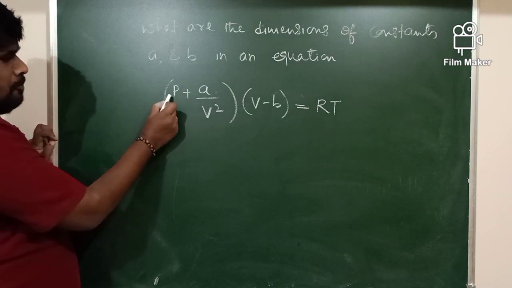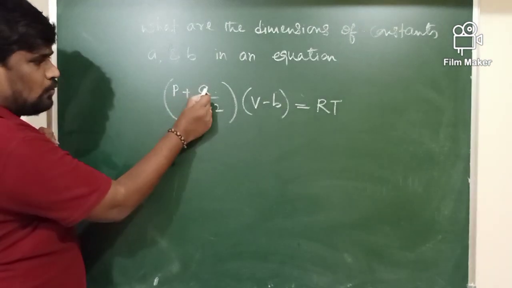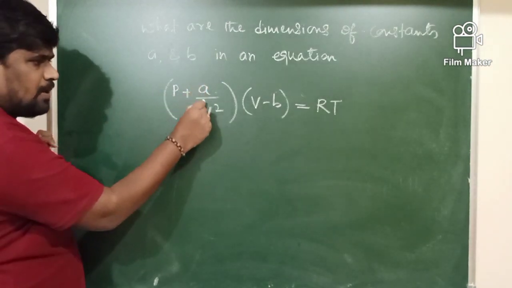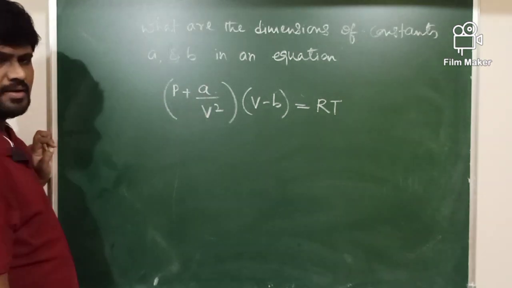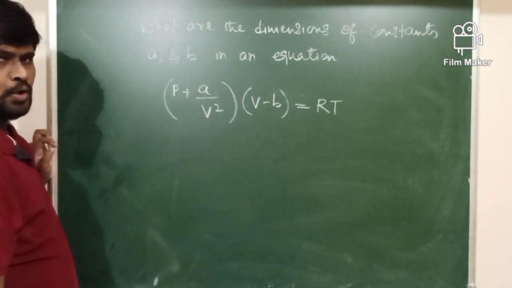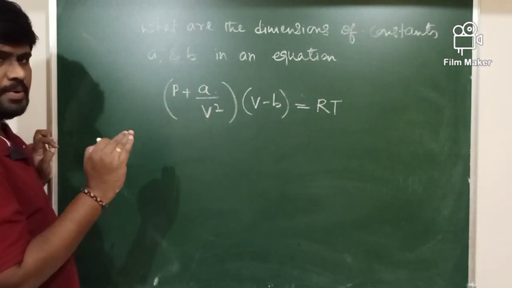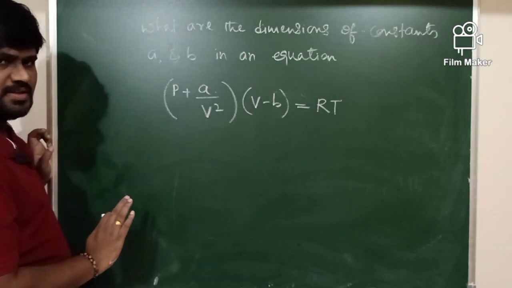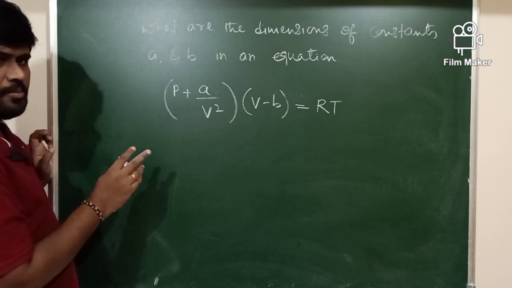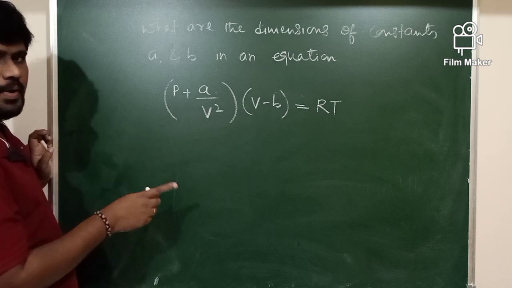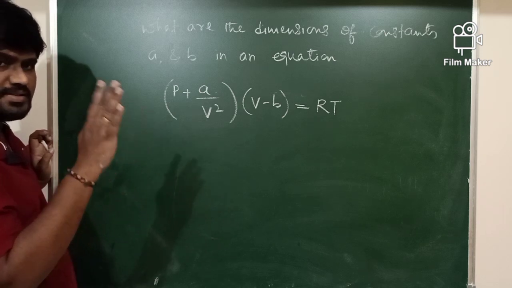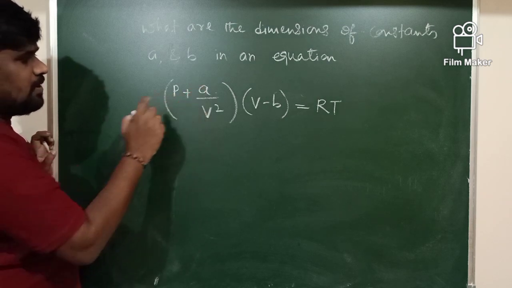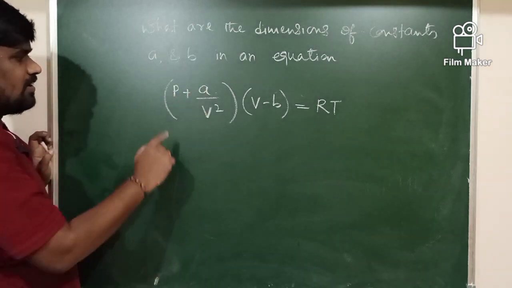Notice, P is added to A by V square. P na A by V square add ಮಾಡಿದ್ದೀವಿ. Okay na? As I said, two terms can be added provided they should have the same dimensions. ಯಾವುದಾದ್ರೂ ಎರಡು ಟರ್ಮ್ ನ ಆಡ್ ಮಾಡ್ತೀರಿ ಅಂದ್ರೆ ಅವೆರಡು ಟರ್ಮ್ ಡೈಮೆನ್ಷನ್ಸ್ ಸೇಮ್ ಇದ್ರೆ ಮಾತ್ರ ಆಡ್ ಮಾಡಬಹುದು. ಅಂದ್ರೆ P is added to A by V square ಅಂದ್ರೆ ಅರ್ಥ ಏನು?